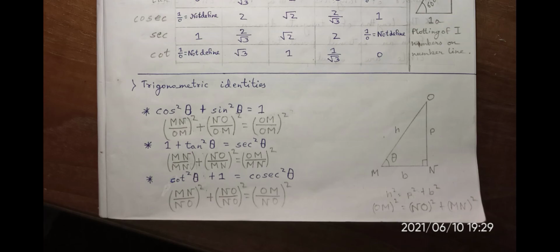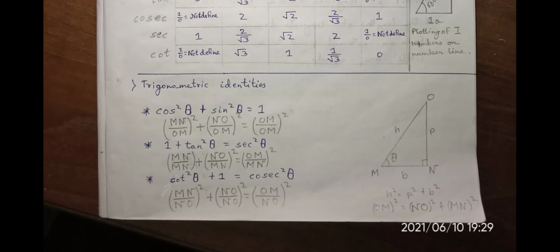So dividing the Pythagoras theorem by the hypotenuse square, we get the first identity: cos square theta plus sin square theta equals 1. Why cos and sin? While we divide by the hypotenuse, what we get is MN by OM.